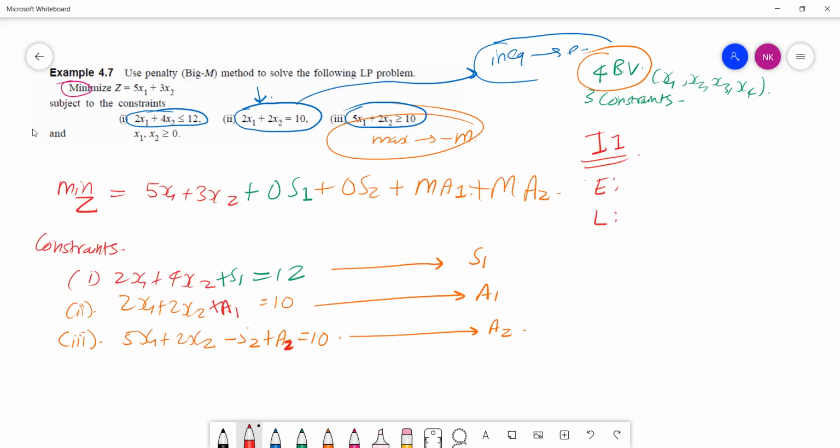Okay, x2 is entering and a2 is leaving. So a2 is leaving and x2 is entering.